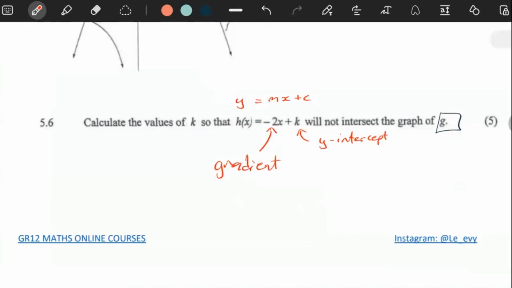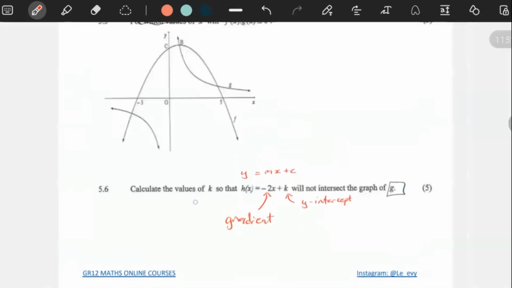So automatically what we know is that the graph of h, if it will not intersect g, it simply means that the graph of h can easily be any graph that starts here, but without touching the graph of g, obviously.